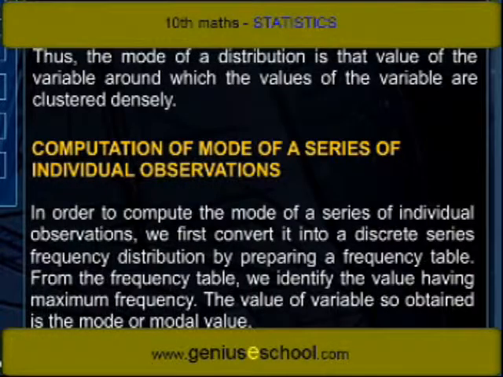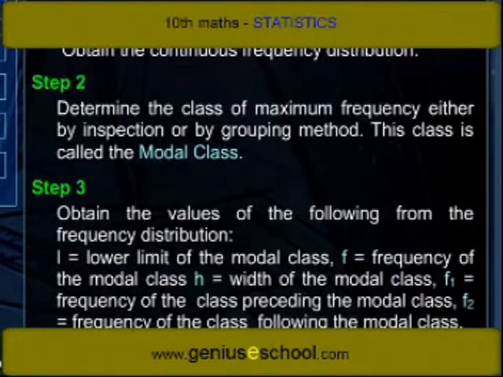In order to compute the mode of a series of individual observations, we first convert it into a discrete frequency distribution by preparing a frequency table. From the frequency table, we identify the value having maximum frequency. The value of the variable so obtained is the mode or modal value.